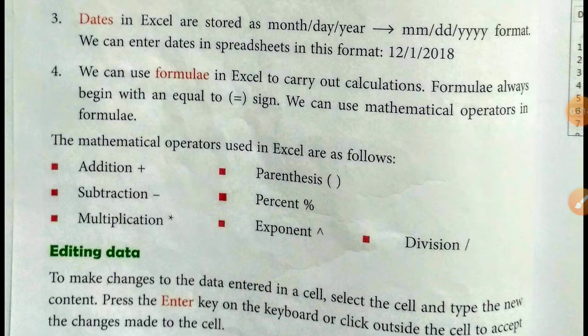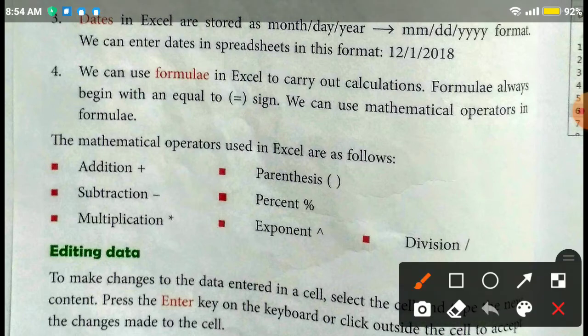In Excel, dates are stored as month, day, year, or MMDDYY format. MM means month, DD means day and YY means year. We can enter dates in a spreadsheet in this format also. You can see this format.